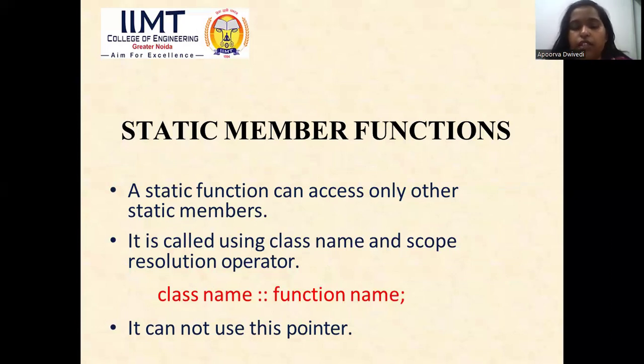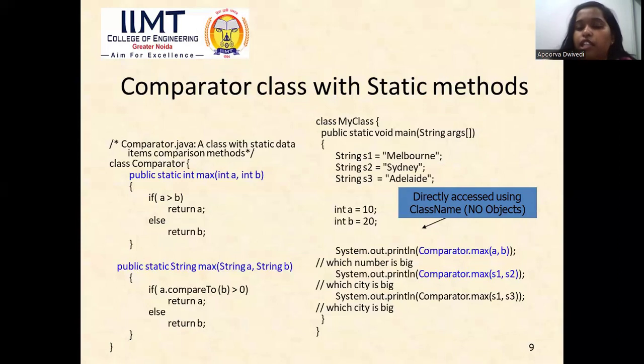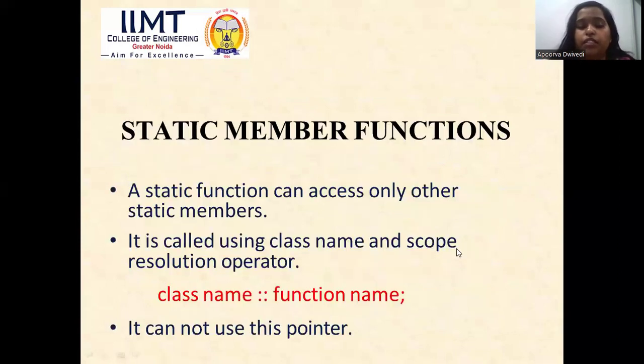How does it get accessed? The name of the class, dot, then the name of the method, or the class name and the scope resolution operator, and after that the function name.